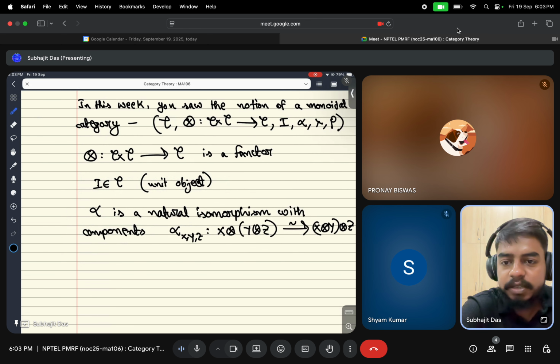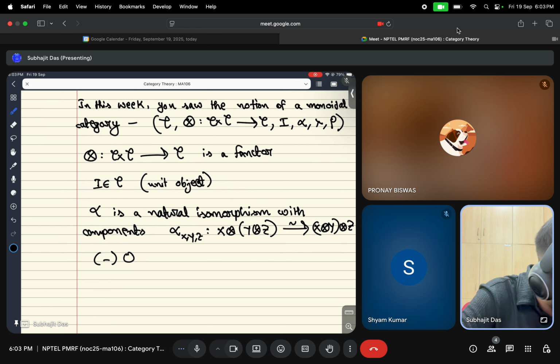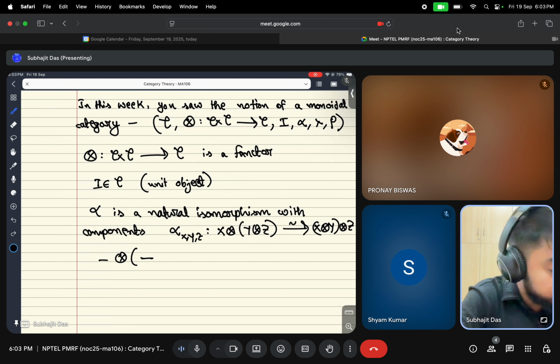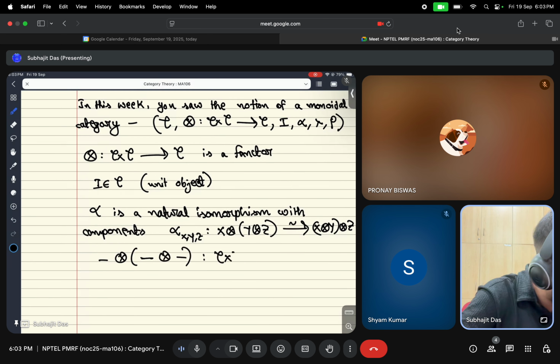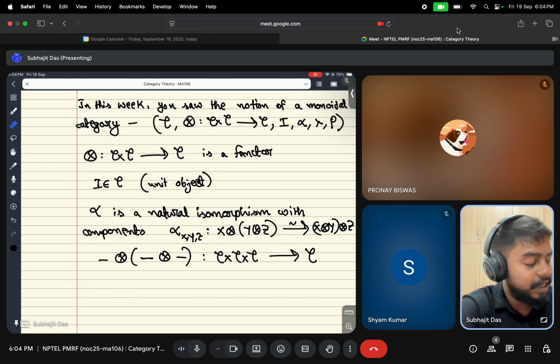Each component has to be an isomorphism for alpha to be a natural isomorphism. So this is a natural isomorphism of trifunctors, so to say. One of them is this functor, which is a functor from C cross C cross C to C, doing the obvious thing as the notation suggests, and you also have the other functor. So it's a natural isomorphism.